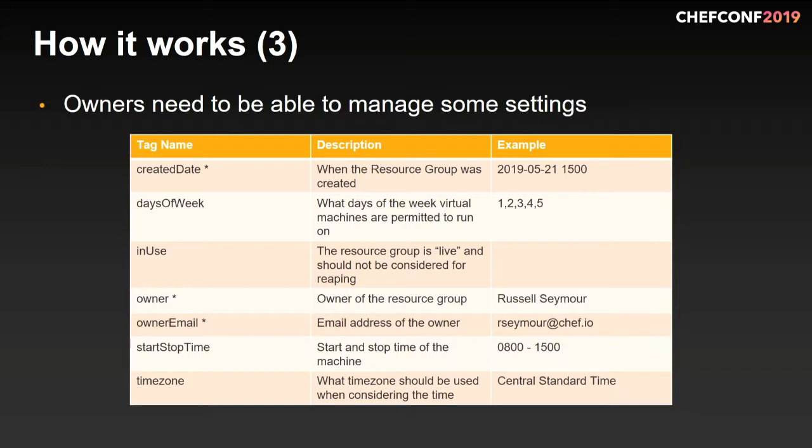Days of the week, what days the virtual machines are permitted to run on. By default it's Monday to Friday, but you can change that. The in-use tag we talked about. Start-stop time. Start and stop time of the machine is done as a range. So in that case, I'd set it to run from 8 in the morning till 3 in the afternoon. As simple as that.